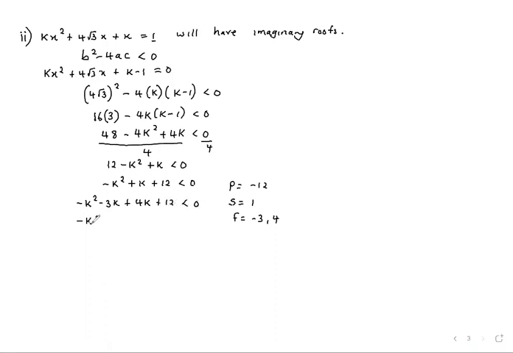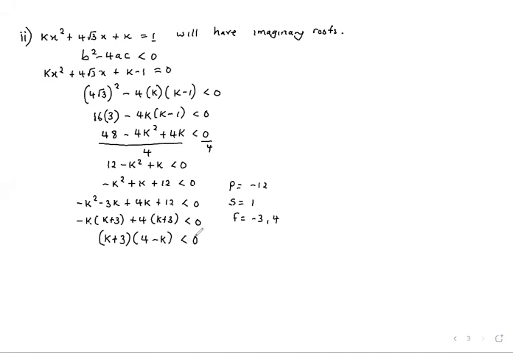So we have negative k plus 3 plus 4, k plus 3 is less than 0. So k plus 3 and 4 minus k is less than 0.